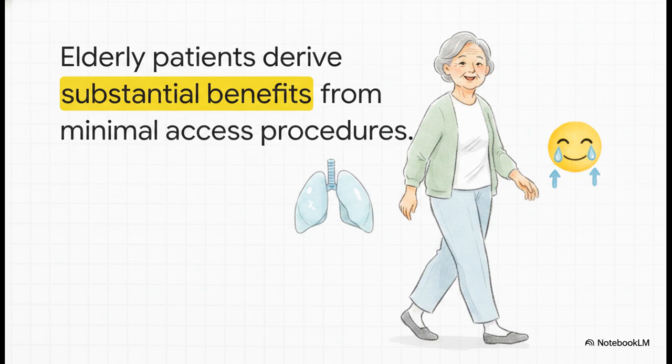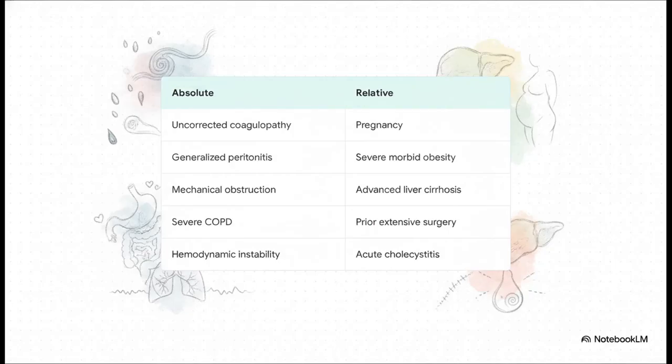In fact, elderly patients frequently derive substantial benefits from minimal access procedures, including significantly reduced pulmonary complications, much less postoperative pain, and earlier mobilization. Options A, C, D, and E represent clinical scenarios that complicate laparoscopic access, classifying them firmly as relative contraindications. Absolute versus relative contraindications.